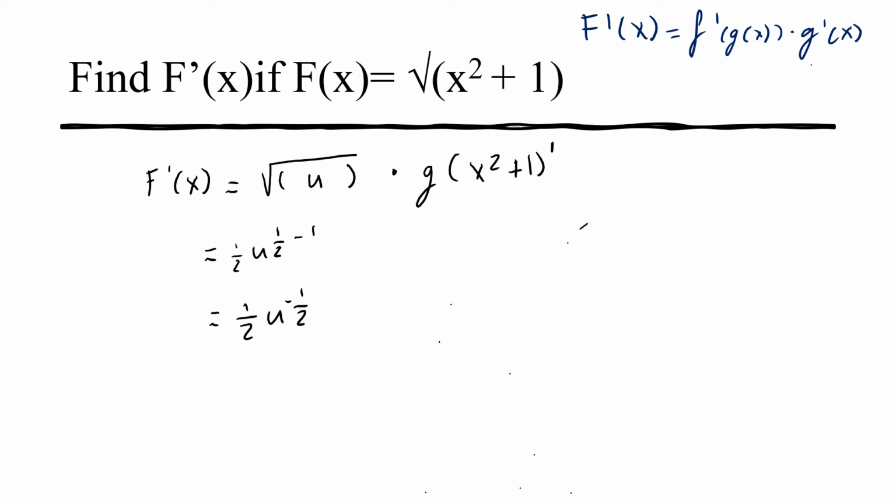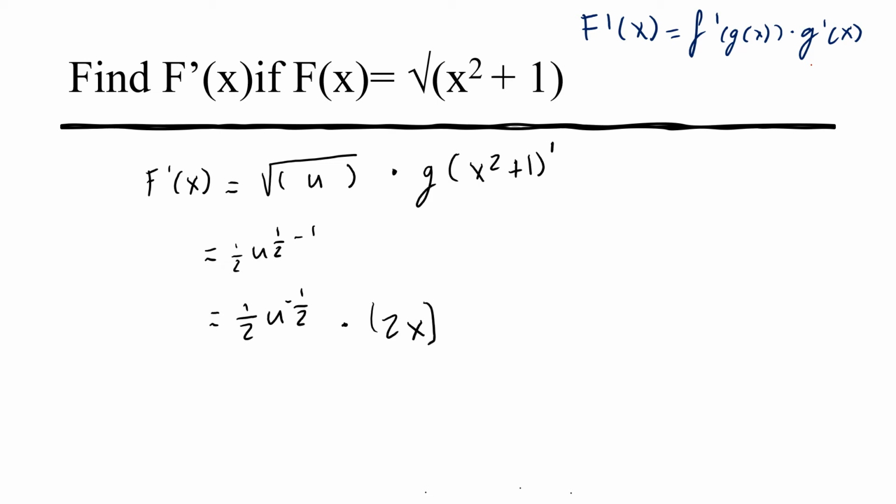And then here, we multiply by the derivative of this, so that's going to be 2x. That's all it is. That's just 2x, because the 1 is canceled. Not canceled, it just goes away because of derivatives.